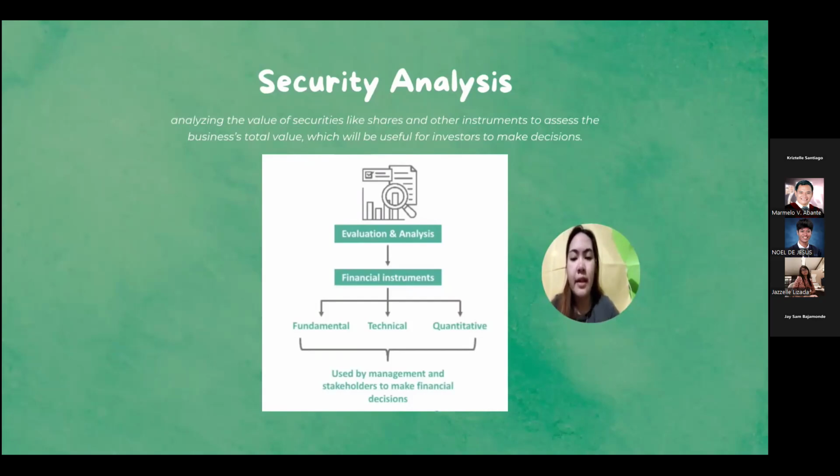Then, evaluate naman is yung titigan mo kung nag-perform ba yung company financially, like may enough ba silang money to pay their obligations or mas malaki ba talaga yung income nila kaysa sa expenses nila or na-manage nila. Then, financial instruments naman, madidiscuss natin yan later on, yung fundamental, technical, and quantitative. So, these are used by management and stakeholders to make a financial decision.